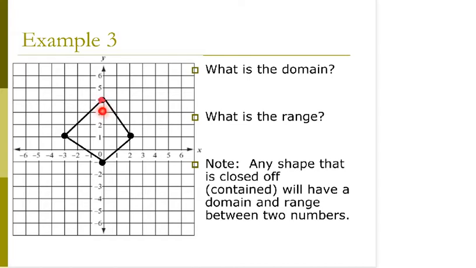So these values here between 4 and 3 are also included. And if we follow that same reasoning, we're going to see that all of these points between 0 and 4, including 0 and 4, are going to be included.